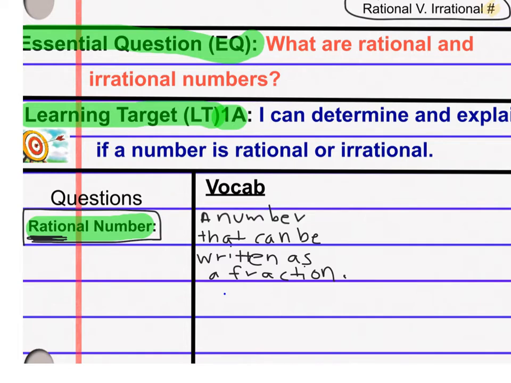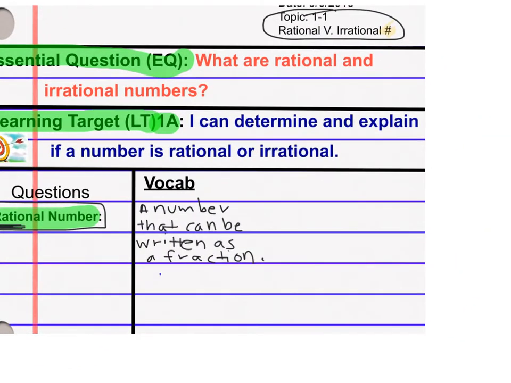We are going to elaborate a little bit more, because there are many numbers that may not look like a fraction but are still rational, and I will explain. You do need to be writing everything I'm writing on this slide. So I'm going to say an integer. People think it's a whole number. That's sort of true, but integers can be positive or negative.